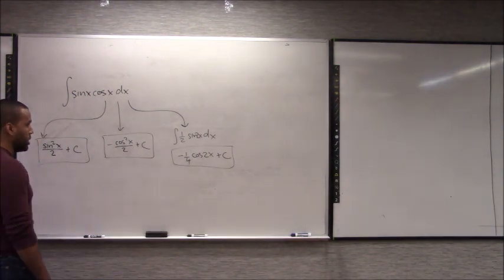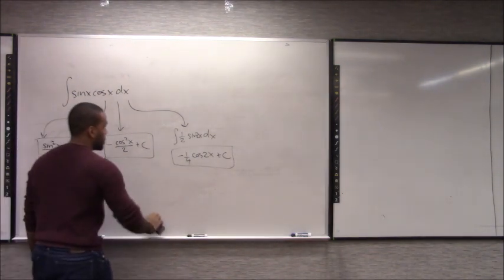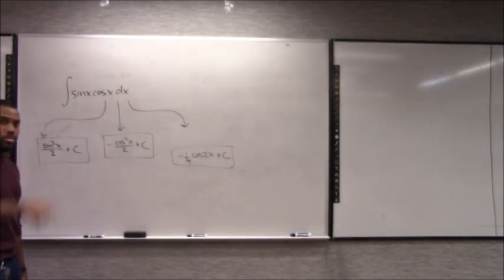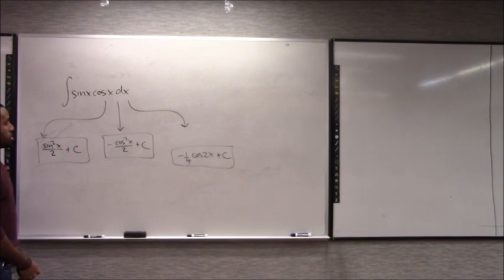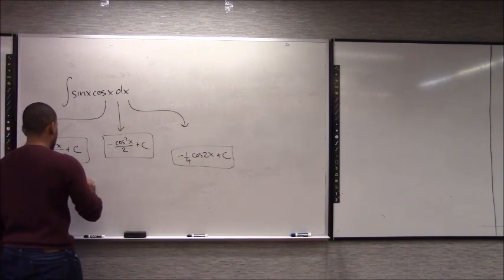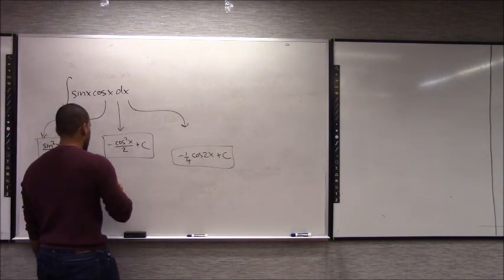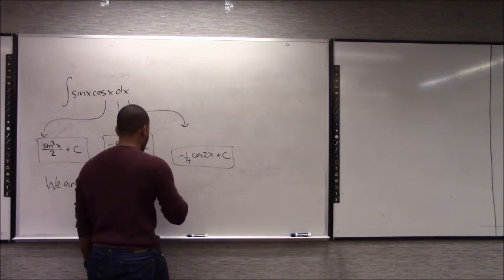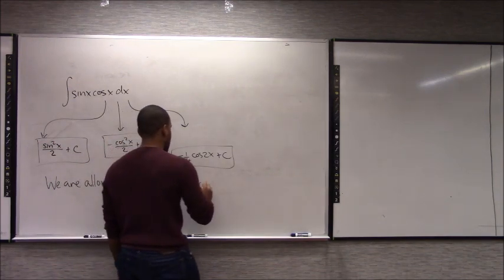Why is this okay? Yeah? Is it because they can all, like the plus c, they can all differ by a constant? Right, that's the important thing. We are allowed to differ by a constant.